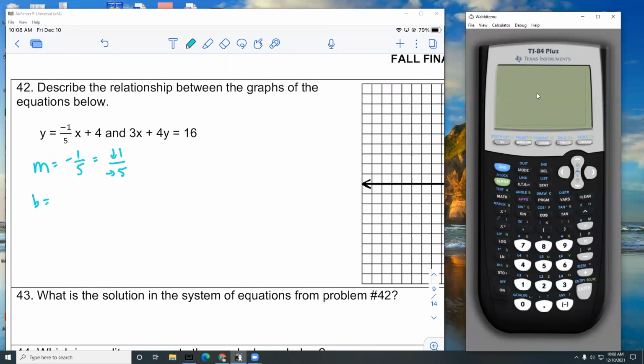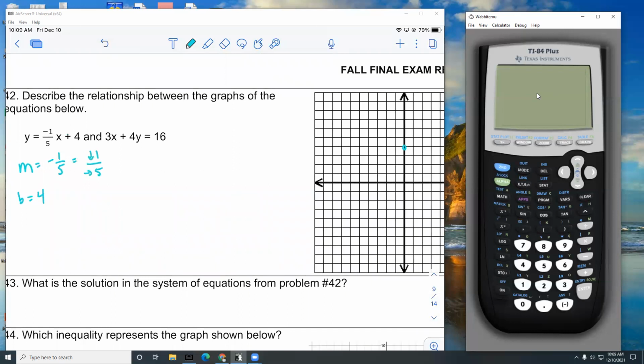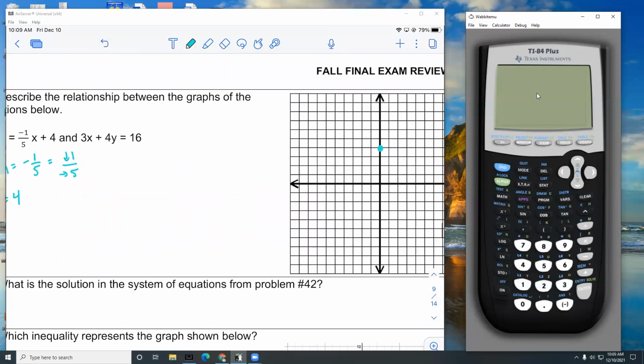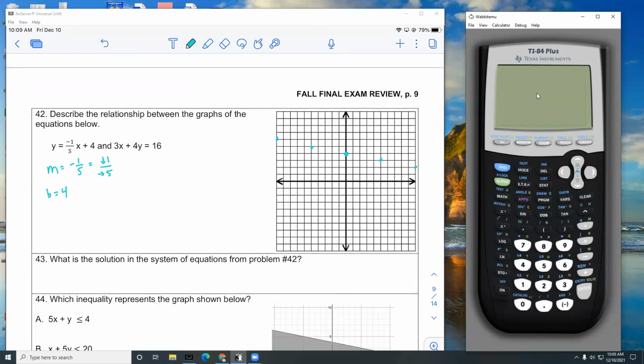And then my y-intercept is at 4. So let's start up at 4, and then go down 1, right 5. Down 1, right 5. You could also go up 1, left 5. Up 1, left 5. And draw your line through those 2 points.